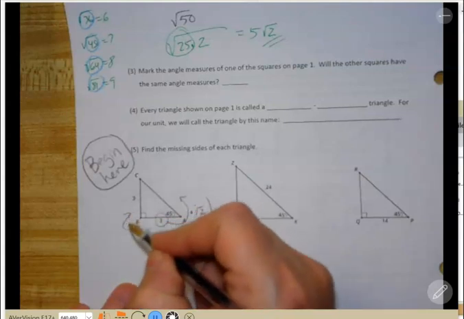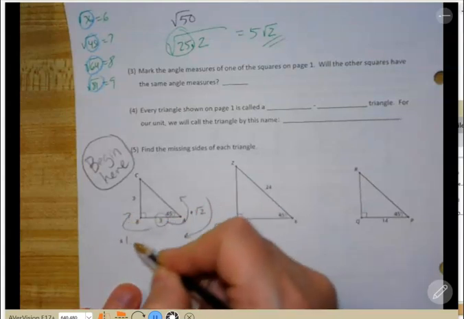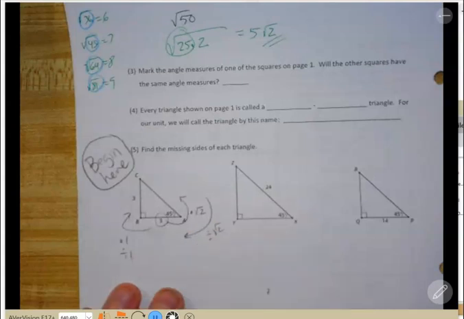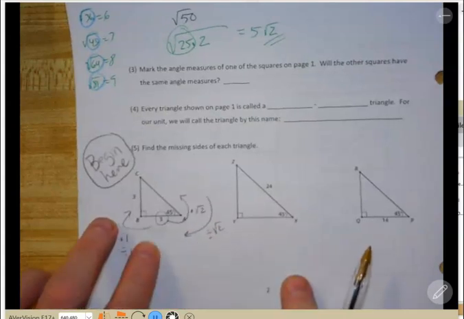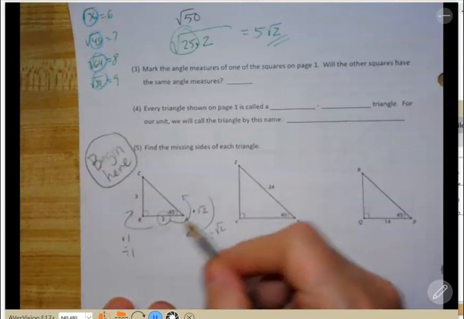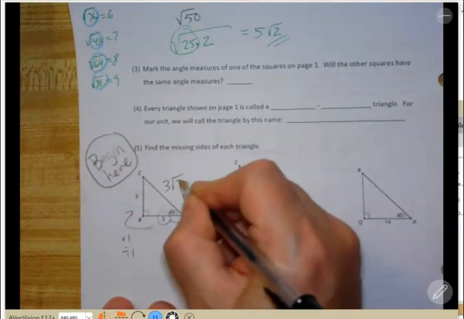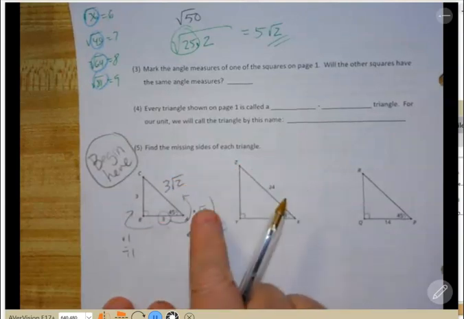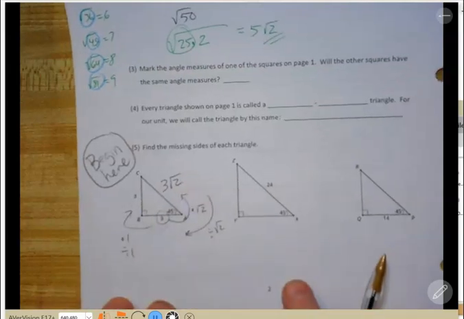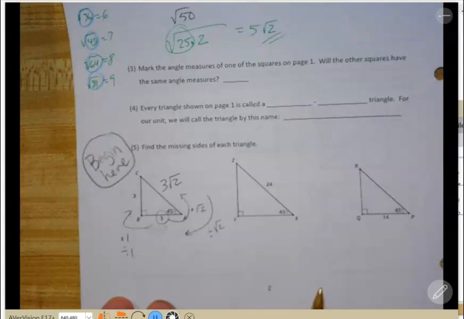If I'm going from a leg to a leg, I'm either multiplying by 1 or dividing by 1 because they're the same number. So these two are the same. And if I take 3 times root 2, I will get 3 times root 2 or 3 root 2. And that's the answer for one of the problems on the previous page.